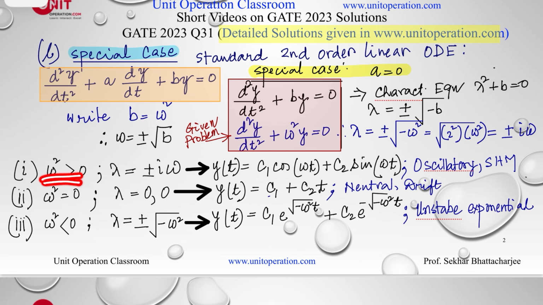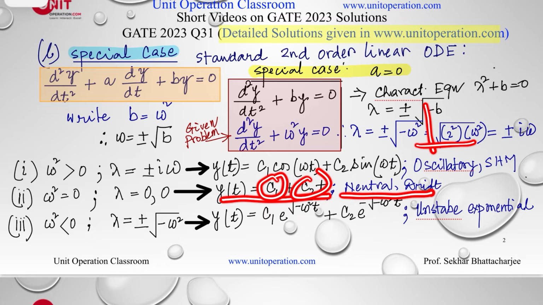When omega square is greater than zero, the solution is this oscillatory simple harmonic motion. When omega square is equal to zero, we get this one right here. This is called neutral or drift, depending upon the C1, C2 values. It can drift this way, or this way, depending upon the comparative values of C1 and C2.